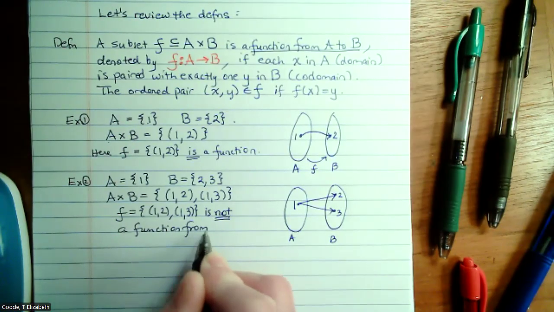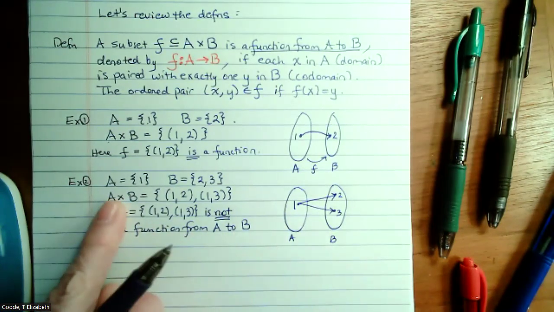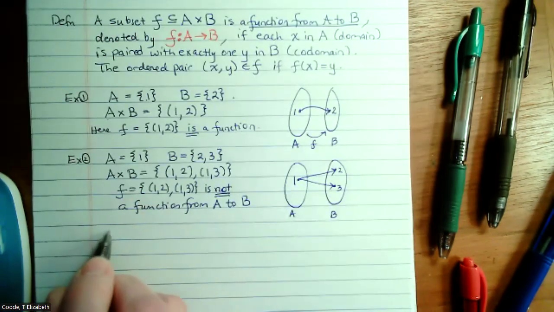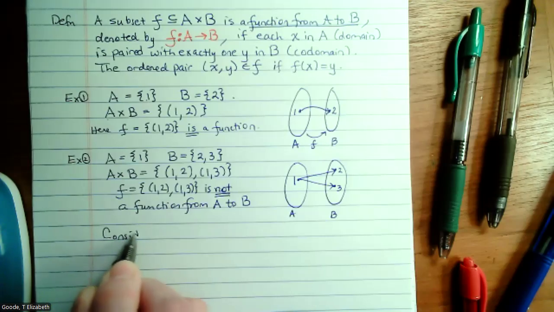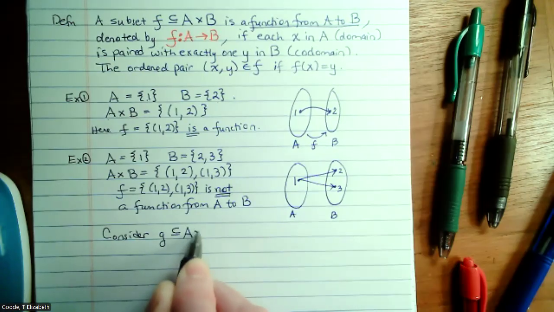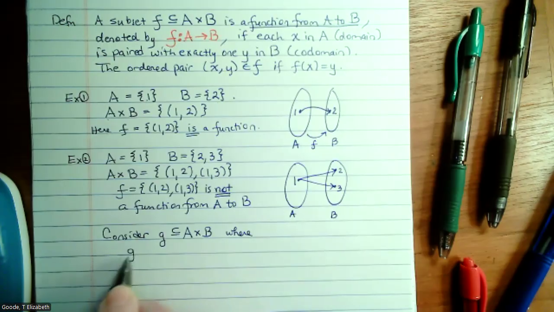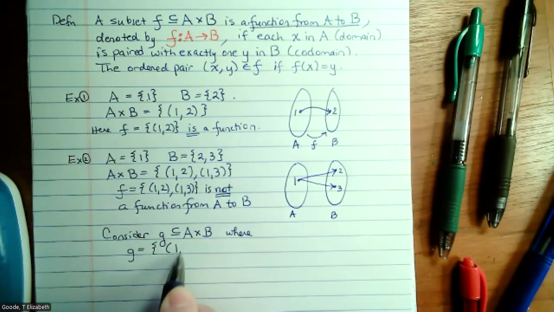But we can take a subset of A cross B. Let's consider the subset G of A cross B, where G is just one or the other of these. Let's take (1, 3). That is a subset of A cross B, is it not?